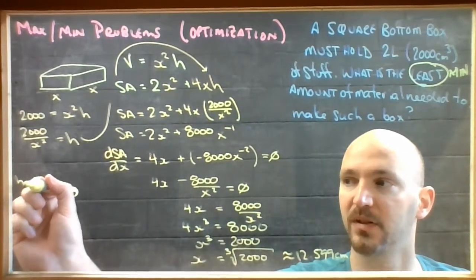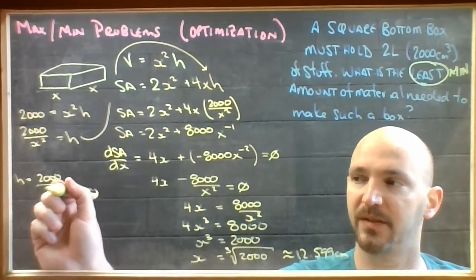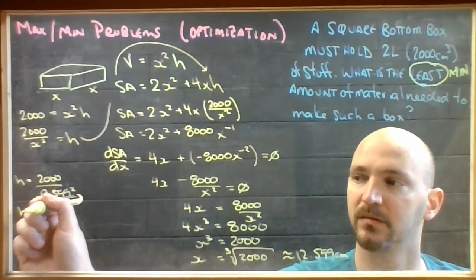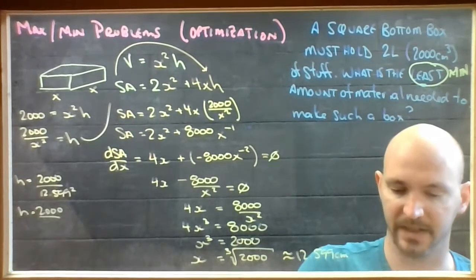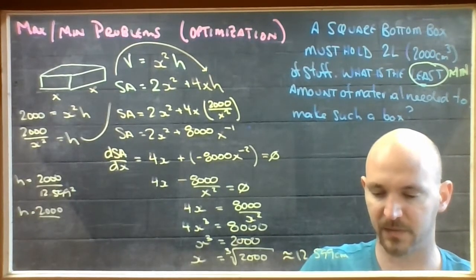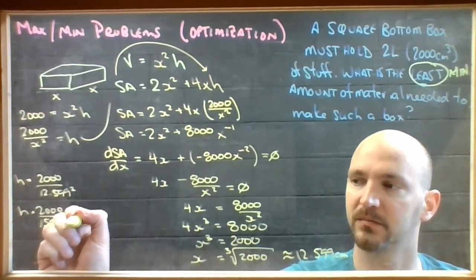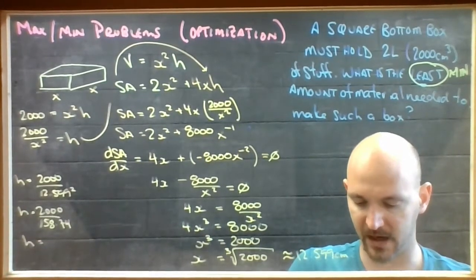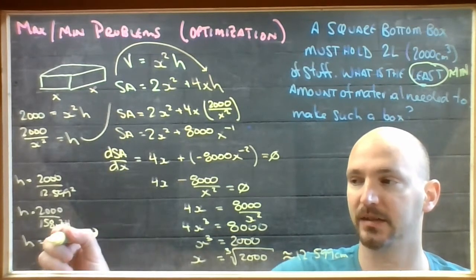So h would be 2,000 divided by 12.599 squared. 12.599 squared gives me 158.74. And give me a drum roll for that. Put that in the denominator, 2,000 divided by that gives me 12.599.